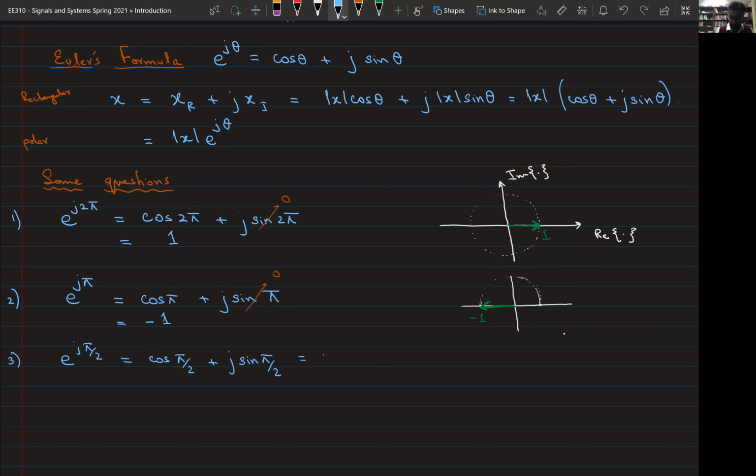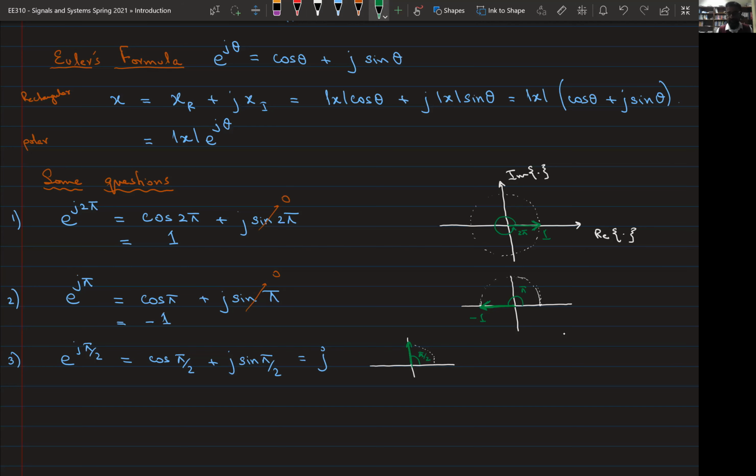So therefore, this must be j. And you can, of course, come up with the graphical representation, so this is the vector you're looking at, which makes an angle of 90 degrees. This is pi by 2, right? And this, of course, is pi, and this angle here is 2 pi.